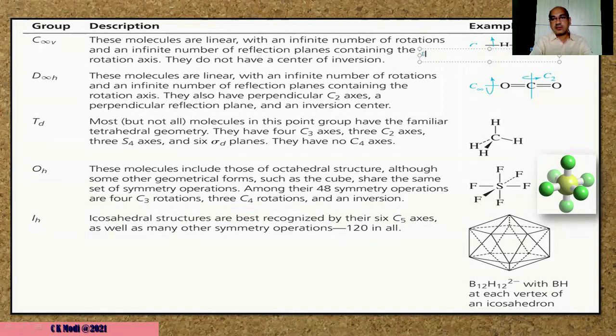E is present, plus C infinite is present, and sigma v is present.